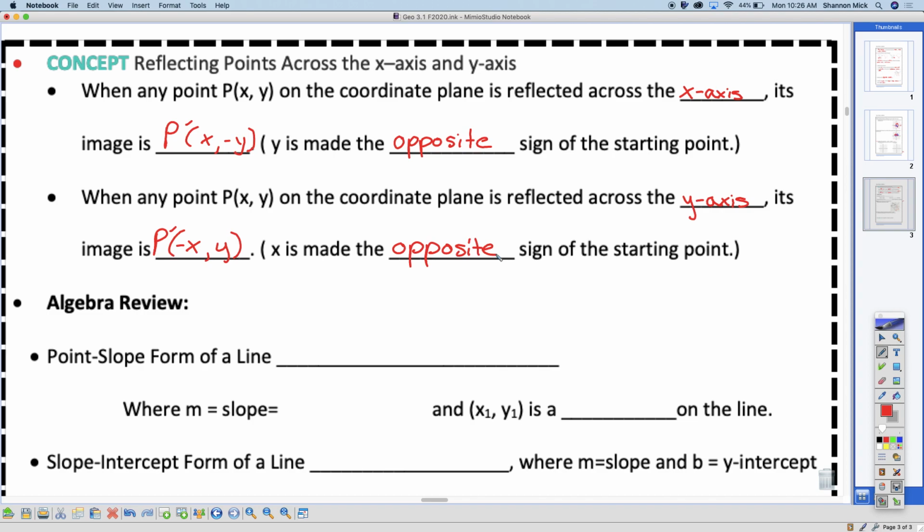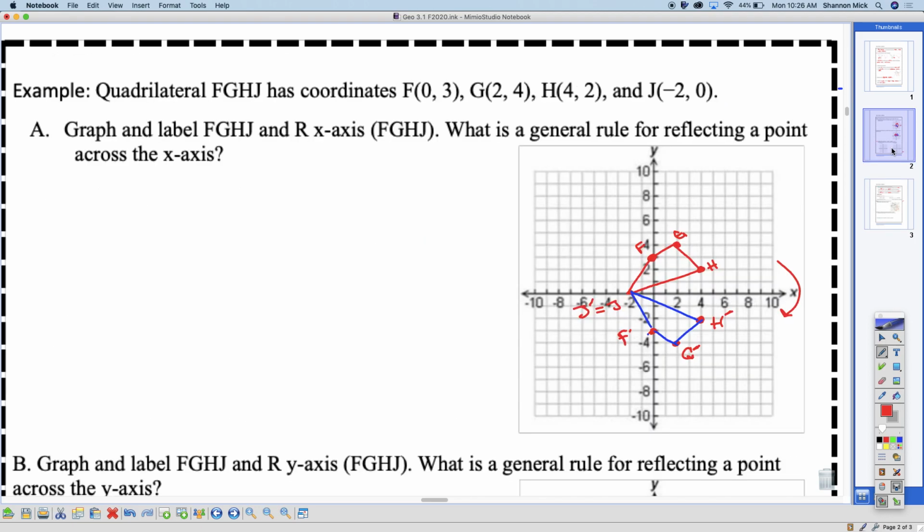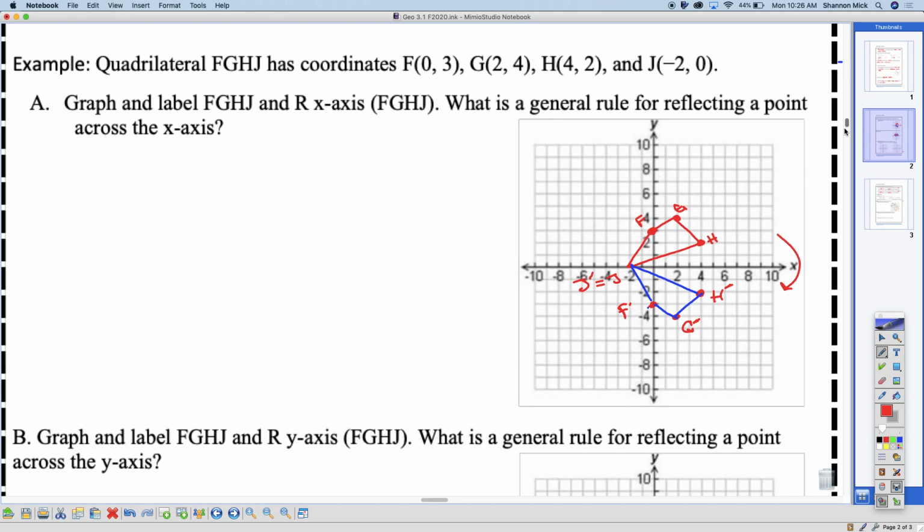So when we reflect it over the x-axis, I do the negative y's. When I reflect it over the y-axis, I do the negative x, because that's what's happening, right? You go to the negative side of the coordinate plane. Now this kind of algebra makes sense. You deal with reflections a lot. Okay, so now let's go up to our examples. You guys good? All good? It's not using voodoo magic to get answers.